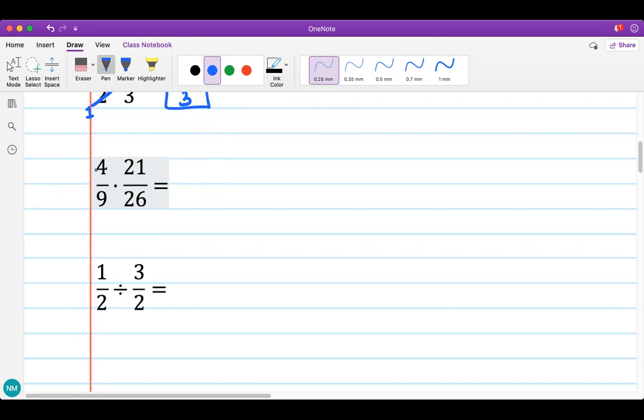So I'm going to divide both by 2. 4 divided by 2 is 2, and 26 divided by 2 is 13. Then 21 and 9 can be simplified by a factor of 3. 21 divided by 3 is 7, and 9 divided by 3 is 3. Now I could do 2 times 7, which is 14, and 3 times 13, which is 39.